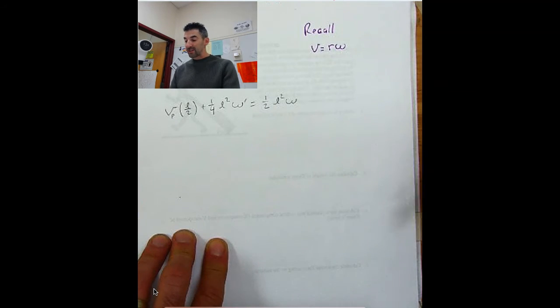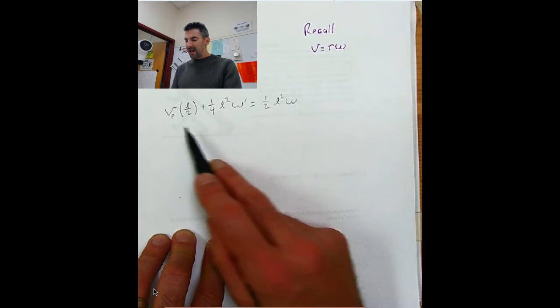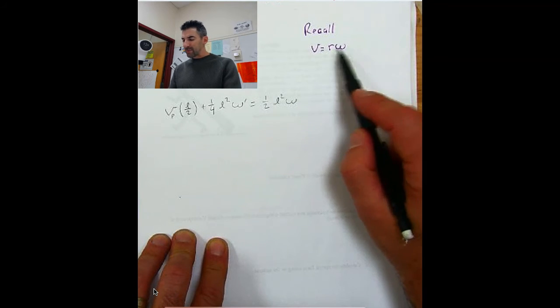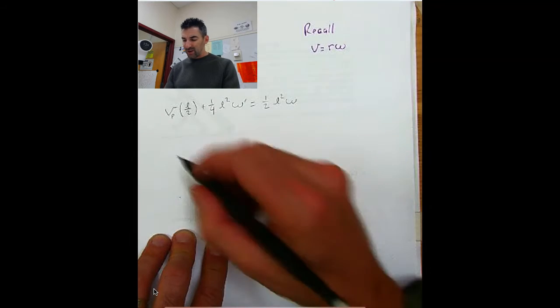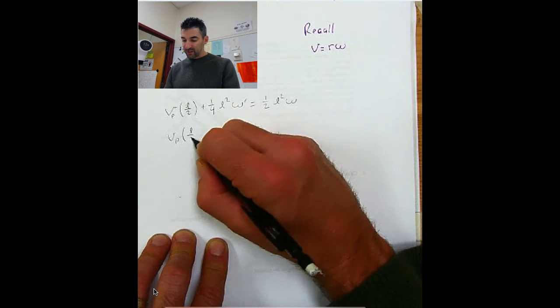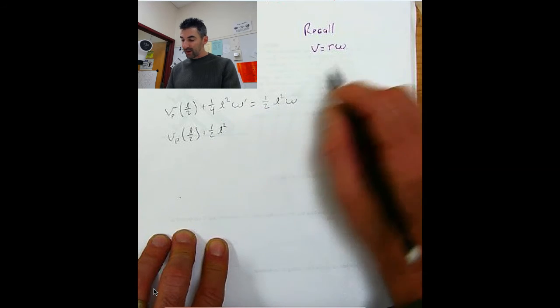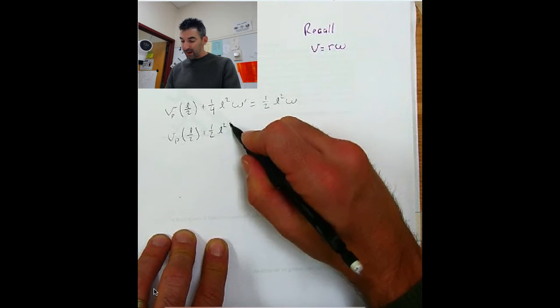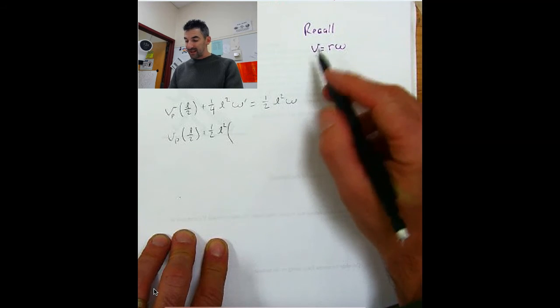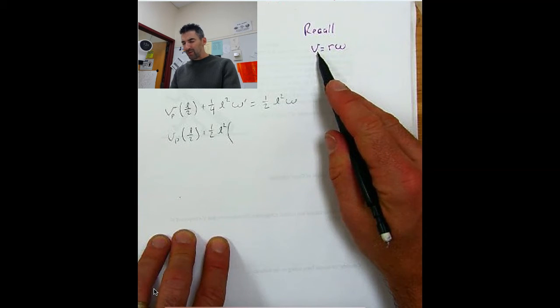How is that helpful? I know that this would be the same thing as before, which means I can now say v particle times L over 2 plus 1/4 the length of my rod squared times omega prime.